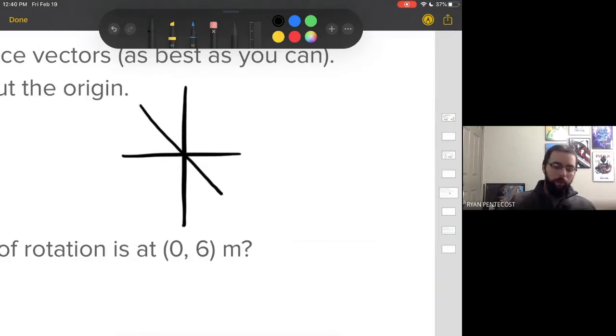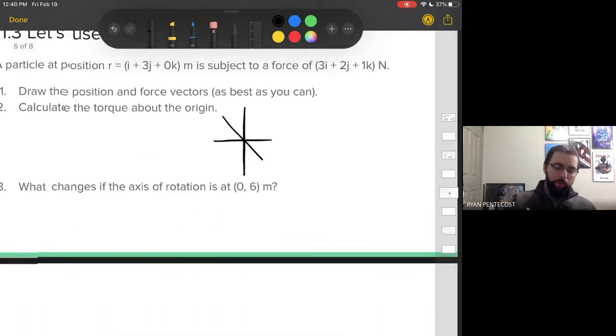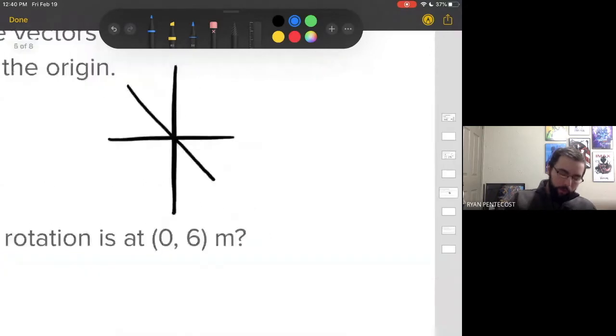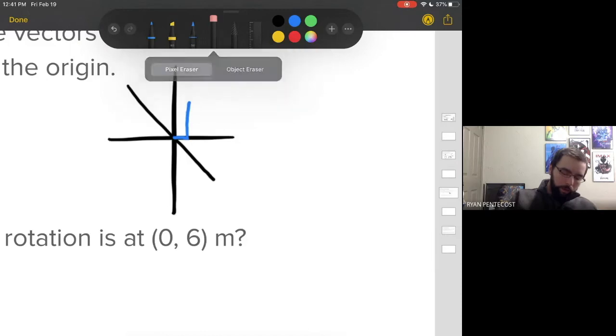So our vectors, I'll use blue for r. We have 1i plus 3j. Okay, you know what? I don't know if I'm going to be able to do that.